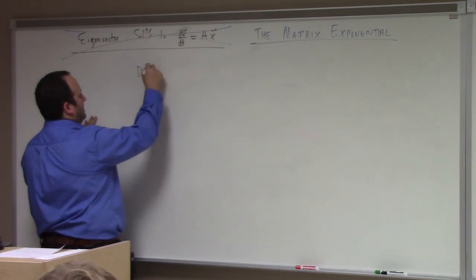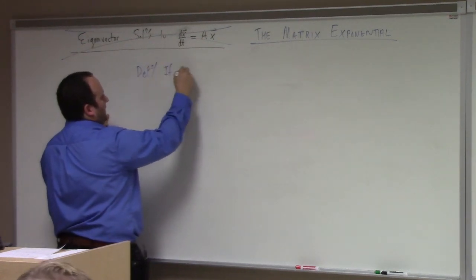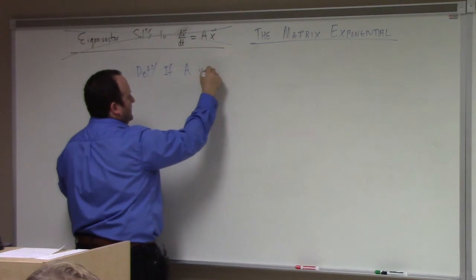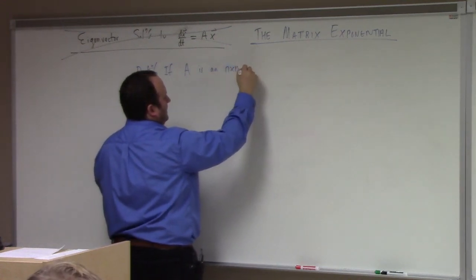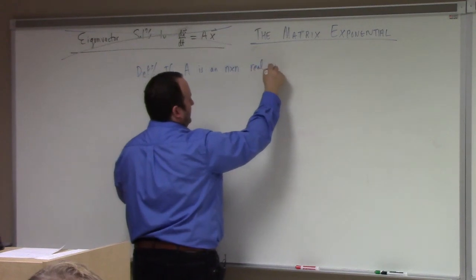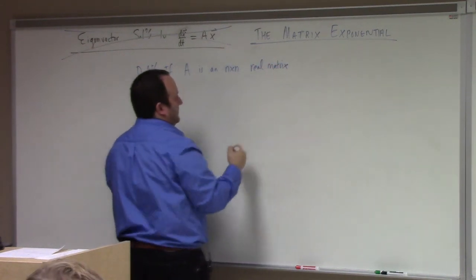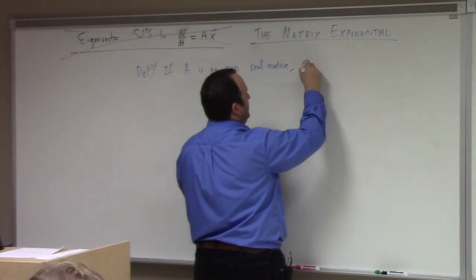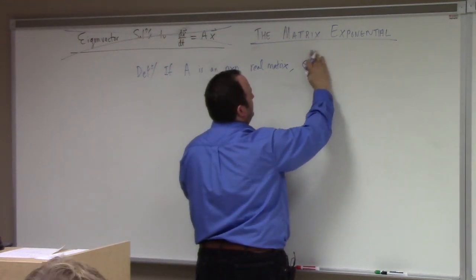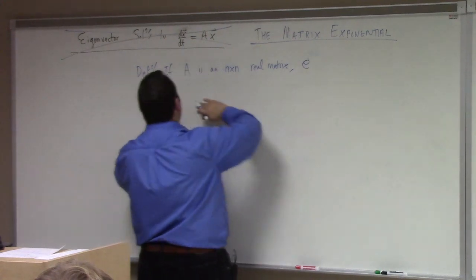Definition. If A is an n by n real matrix, actually that's not required, but let's just say it's real, then let A be M for a second here.